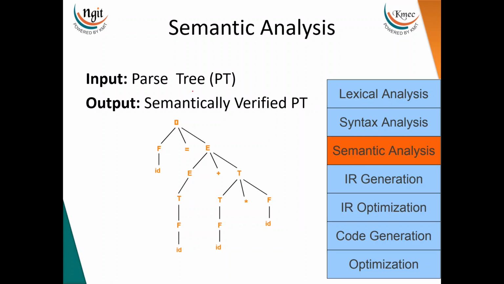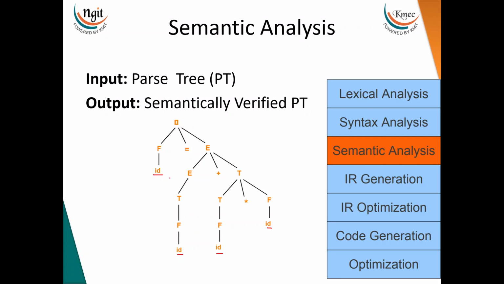The semantic analysis, by using SDTs, verifies whether the statement is meaningful or not. As I told you, the main aim of semantic analysis is verifying whether all these IDs are type compatible or not. For example, if this is int, the remaining must all be integers.